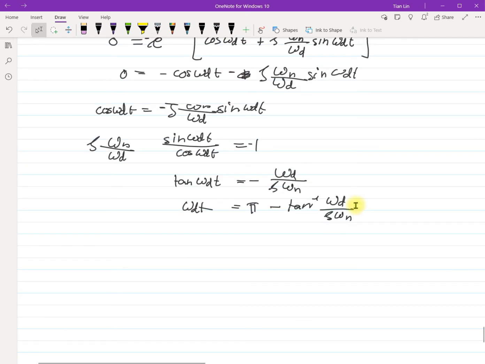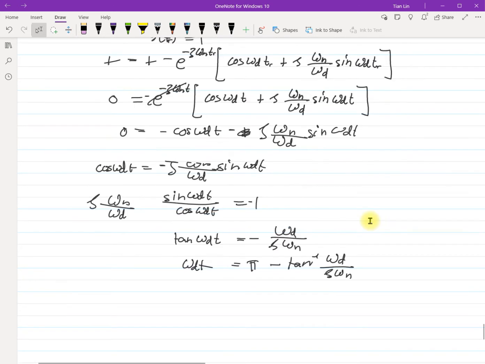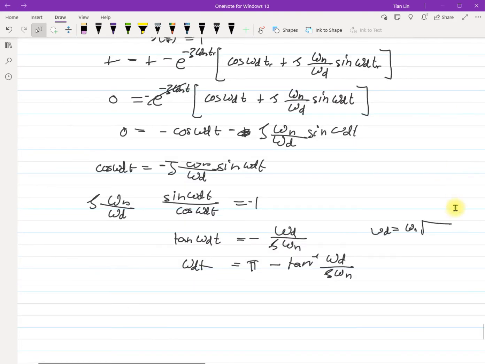And also, omega d is equal to, remember our formula of omega d. Omega d is equal to omega n times the square root, this is for underdamped system, so we can use 1 minus zeta squared.